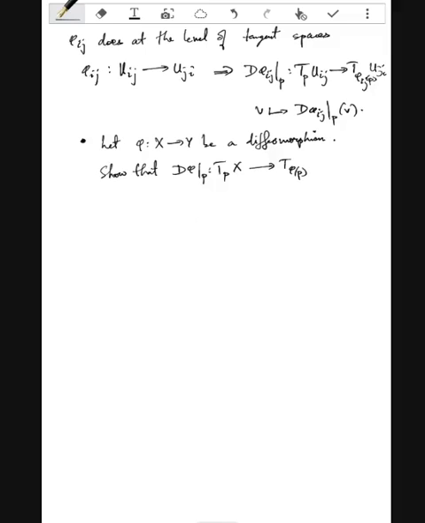So I leave it as an exercise: let phi from X to Y be a diffeomorphism, show that d phi at p from T p X to T phi of p Y is an isomorphism.